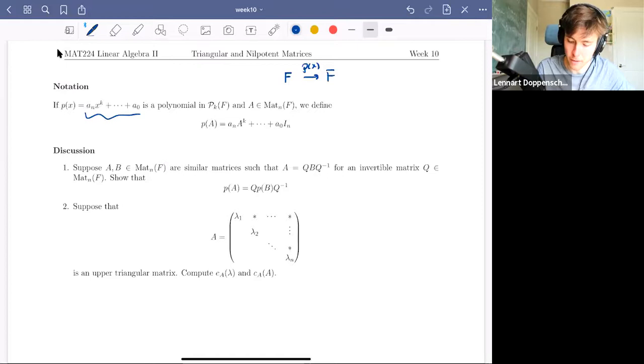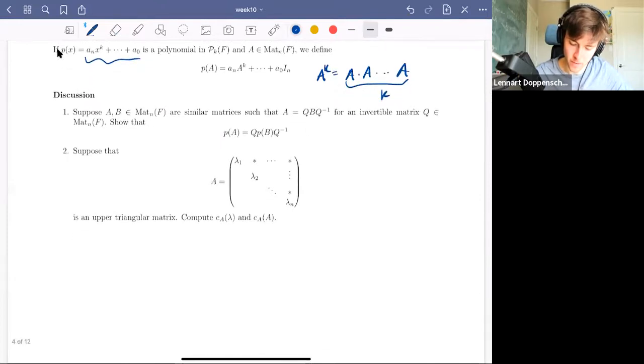So we could also think of a polynomial as a function from matrices to matrices. When we say p of A, A to the k is really just A times A, k times. Multiplication with a scalar in the field also makes sense. And so we define this to be the polynomial applied to the matrix.